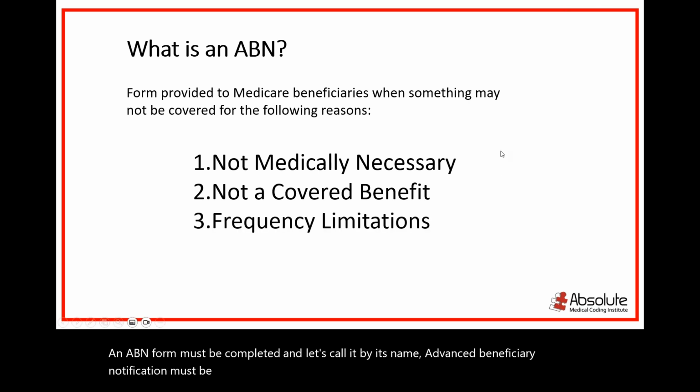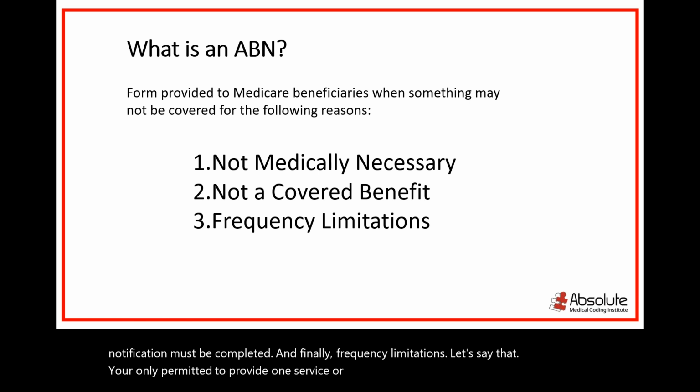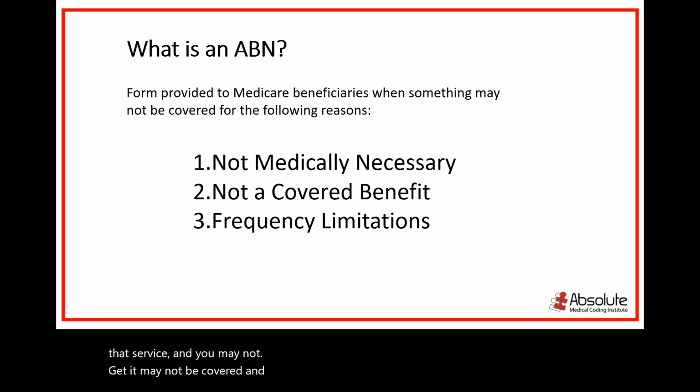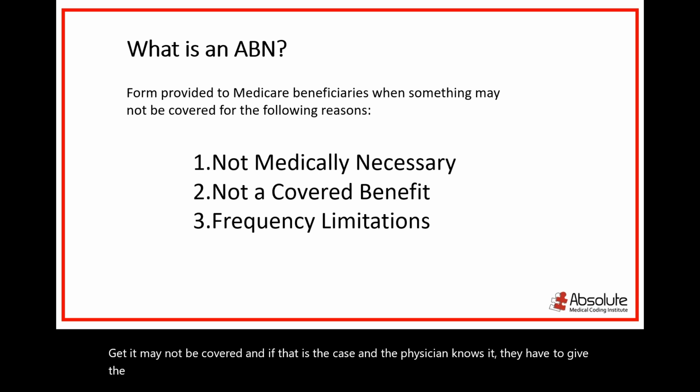And finally, frequency limitations. Let's say that you're only permitted to provide one service or encounter, such as an annual physical, only once a year. So if you try to obtain 2 visits a year, you're limited by the number of frequencies of that service, and it may not be covered. And if that is the case and the physician knows it, they have to give the patient an advanced beneficiary notice.